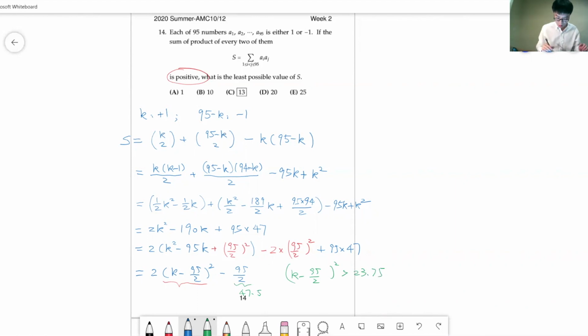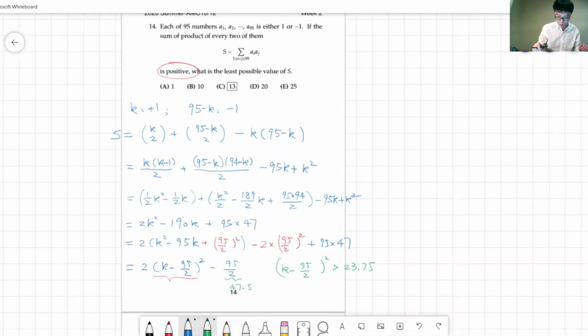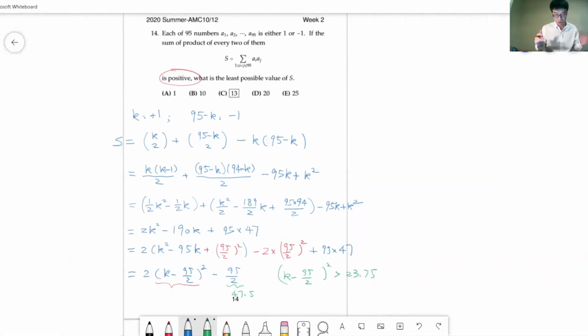So the smallest possible value for this parenthesis square should be 5.5², because 4.5² is smaller than 23.75. So the minimum value of S is 2 times 5.5² minus 47.5.